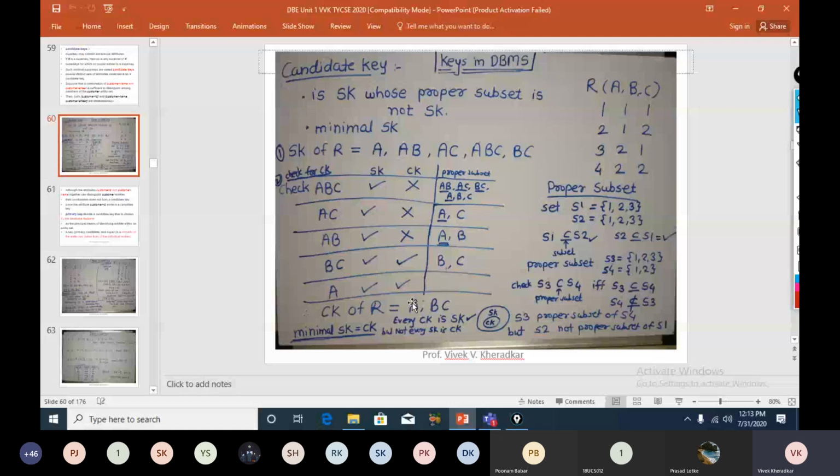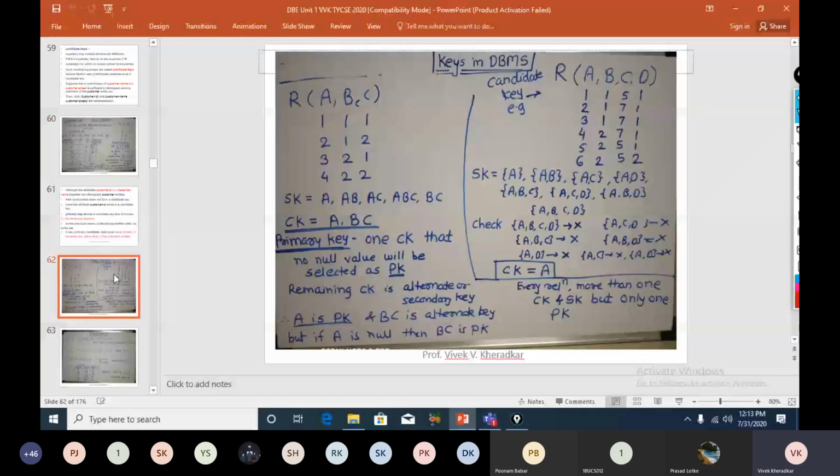It's very simple. For the key constraint, you first have to identify the candidate keys and then choose the primary key. For this, I will go with one example. I think we already discussed this example: R(A, B, C), in which we already identified the super keys. These are the 5 super keys. Then we also identified the candidate keys from the super keys. So what is a primary key?